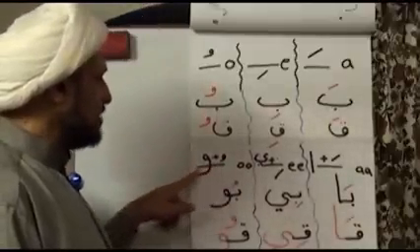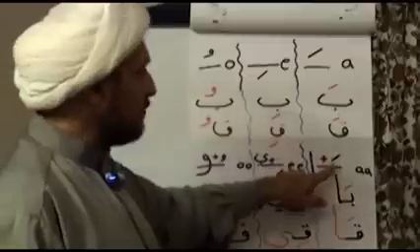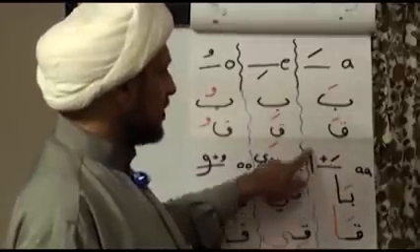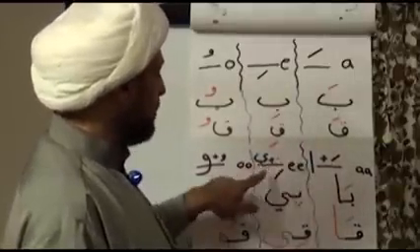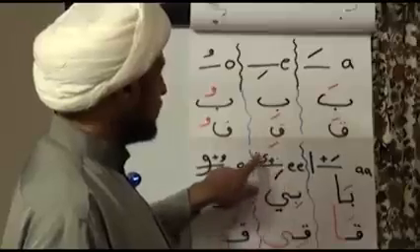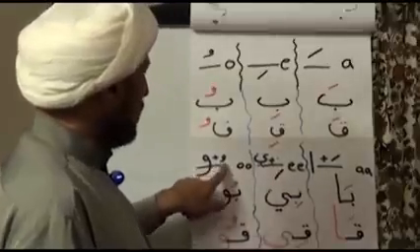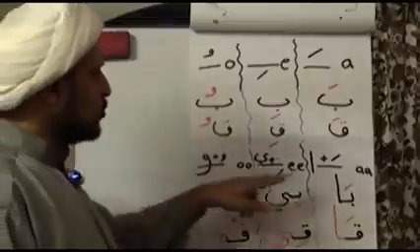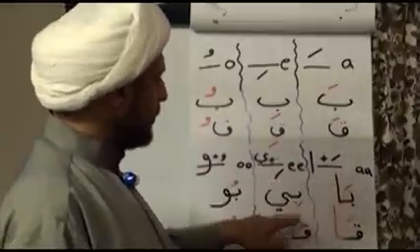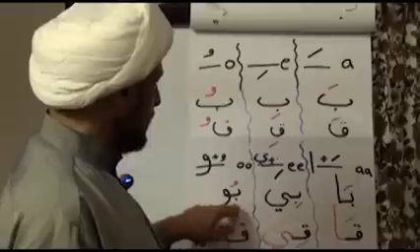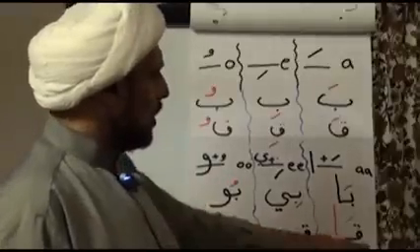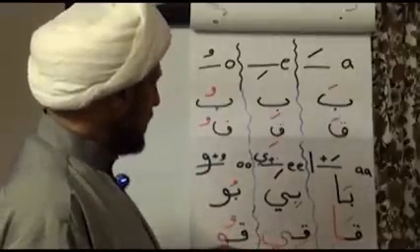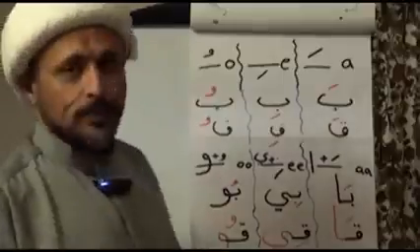A vowel sign plus vowel letter. So vowel sign a, letter a, aa. Vowel sign e, letter e, ee. Vowel sign o, letter u, uu. So baa, bii, buu, qaa, qii, quu. That is the vowels. We don't have many more vowels.